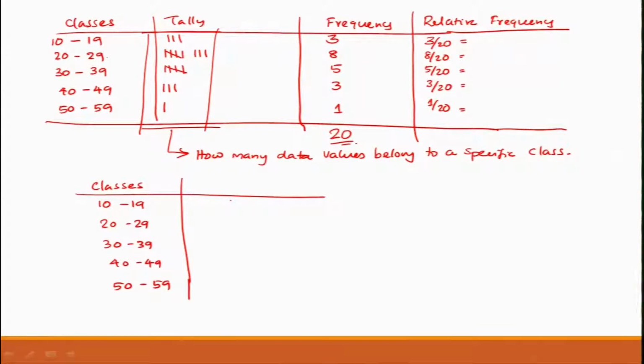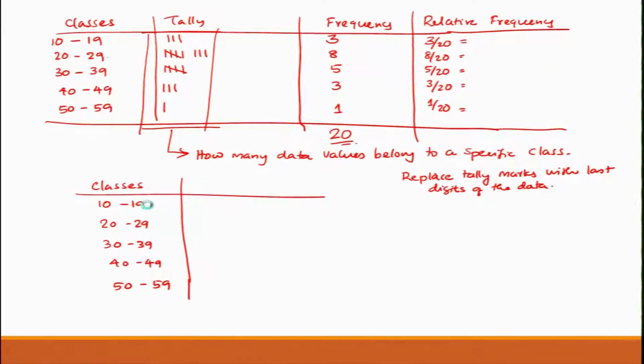Remember, replace tally marks with last digits of the data. If I do that, then I can write it as this portion, 10 to 19.